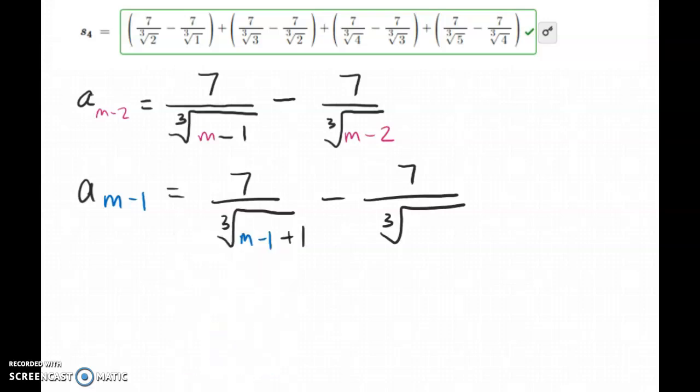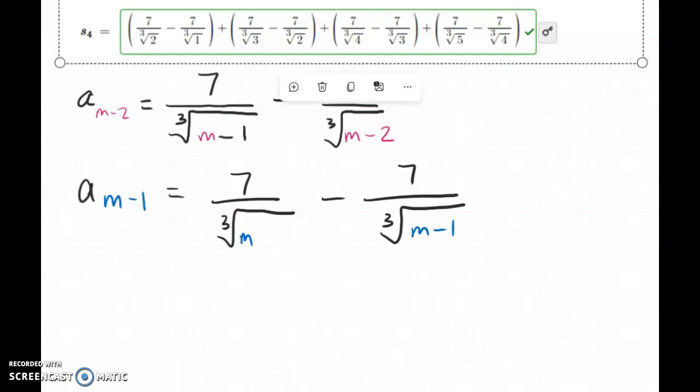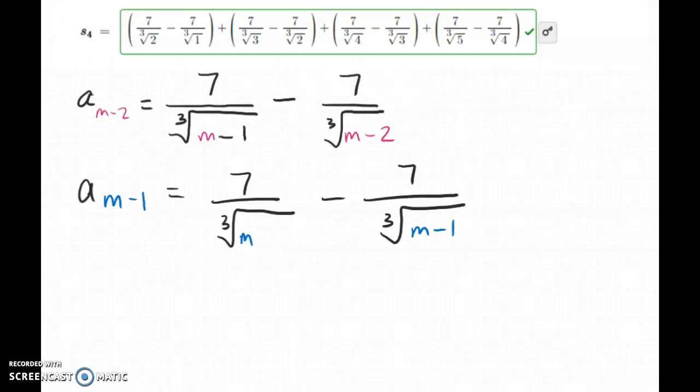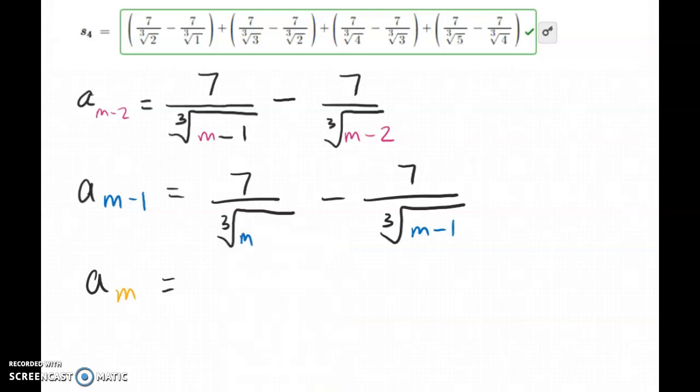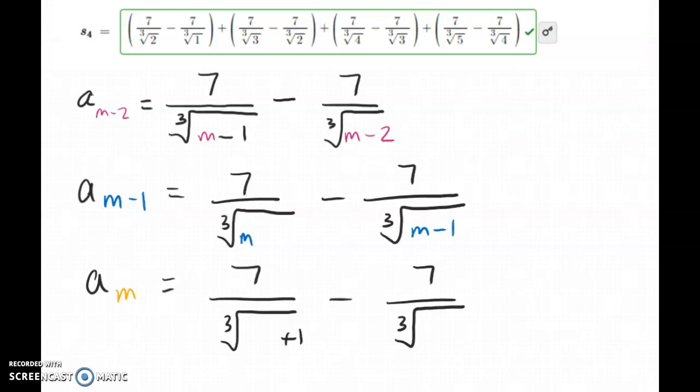So here, m minus 1, and combining negative 1 plus 1, it's going to be 0. And then I'll do the last term, a sub m. That would be 7 over the cubic root of n plus 1 minus 7 over the cubic root of n, and I'm going to replace the n with m.